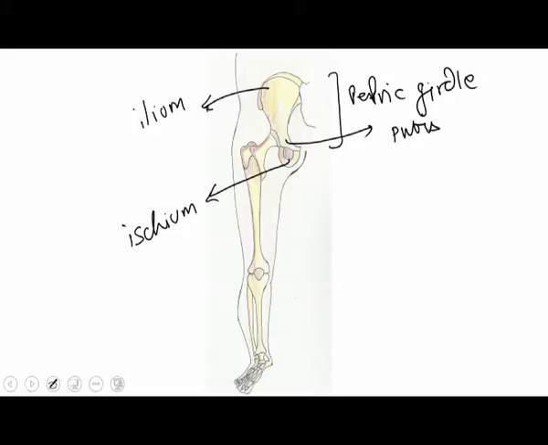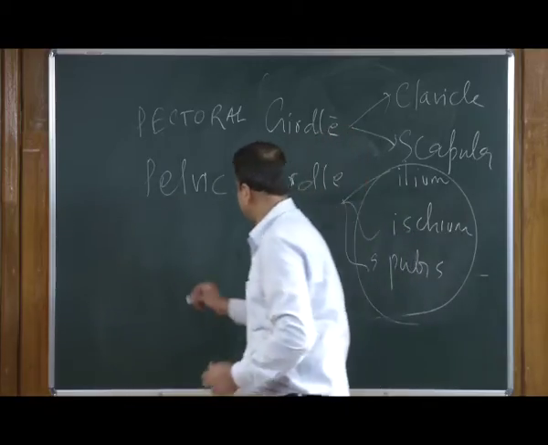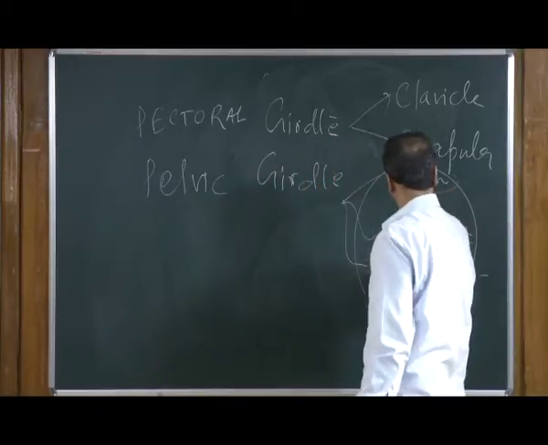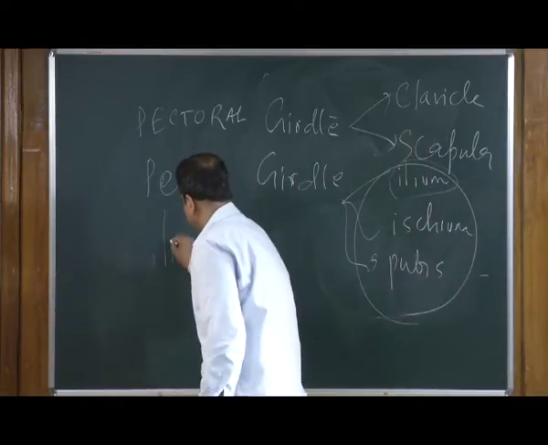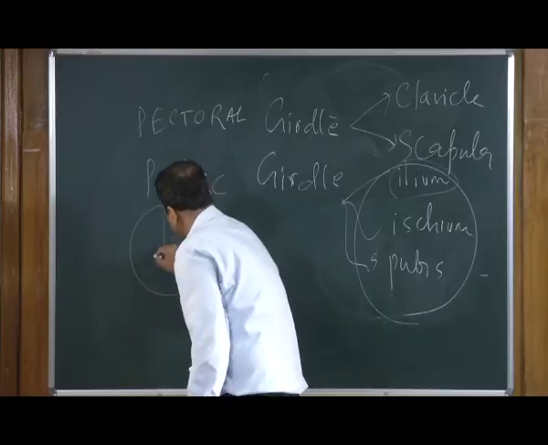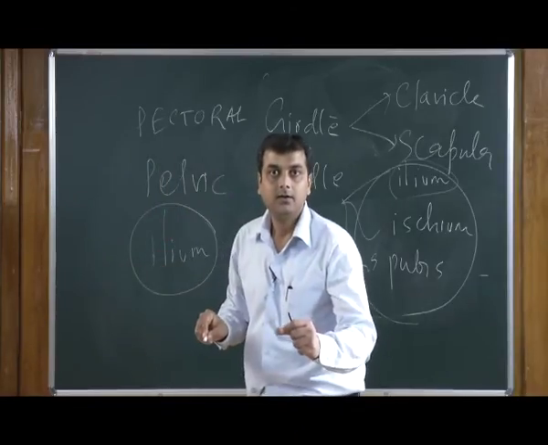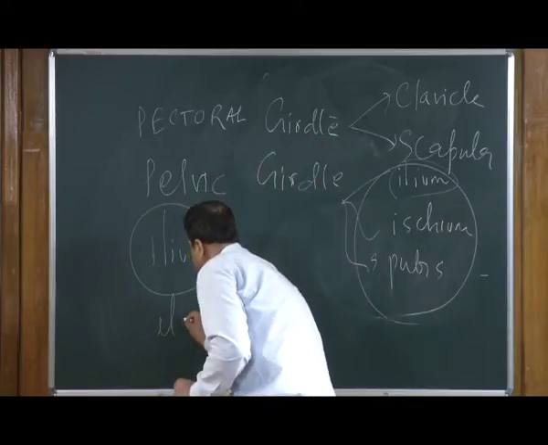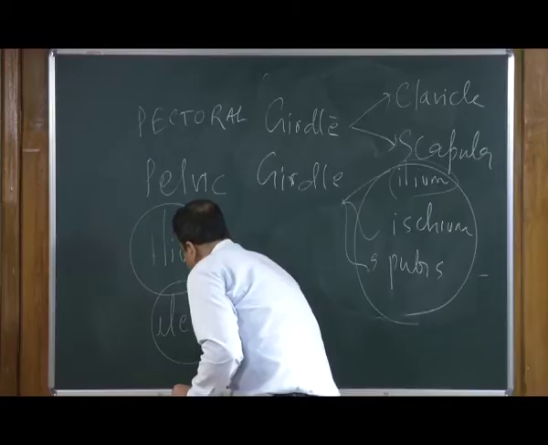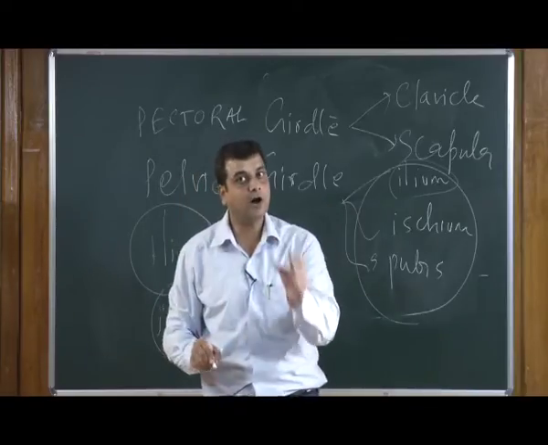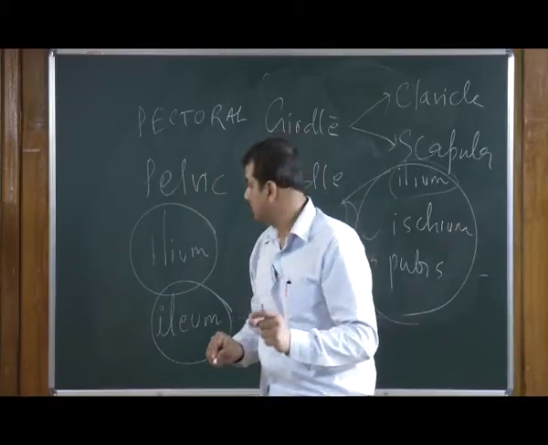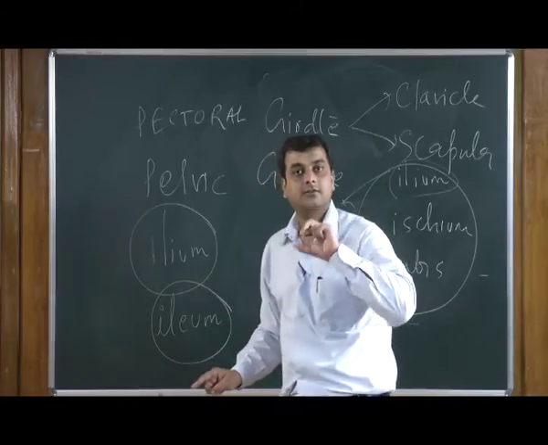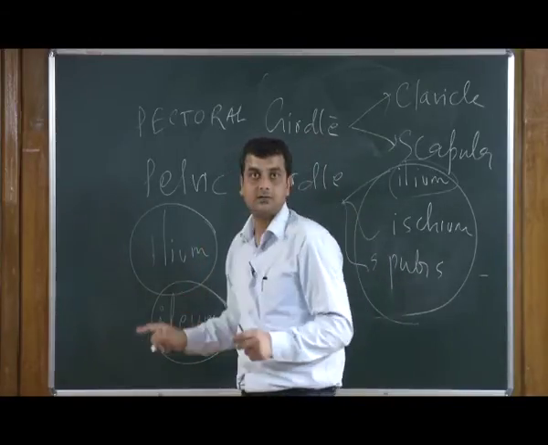Now just to give a brief idea to the students here, so what you have is this name ilium. So this is ilium, a bone in the pelvic girdle. If you change the spelling, like ILEUM, this is the part of the small intestine. So the small intestine part should not be confused with the bony structure in the pelvic girdle.